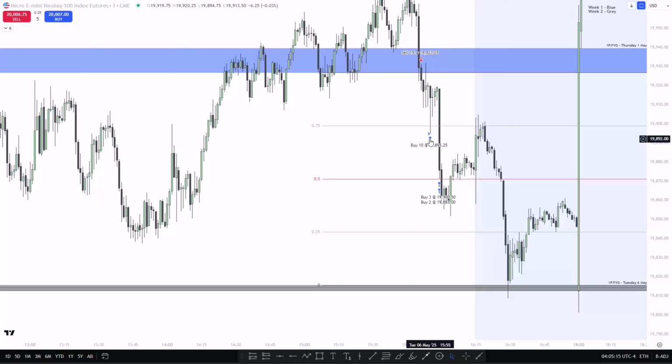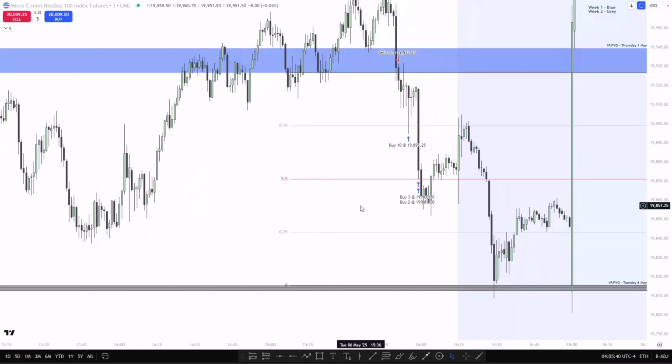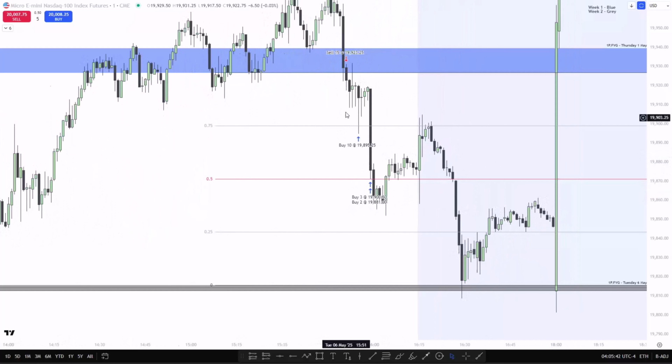This one was just a partial, like 60% of my order. I exited here. And then the other two, I wanted to leave runners, but eventually I closed them because we were running out of time. Okay, and we were just reaching equilibrium. So I decided to just close out the full trade, but nevertheless, you can see the same thing happening here.